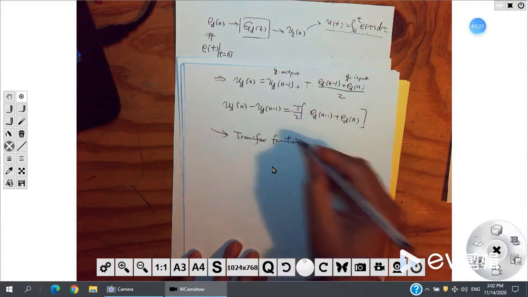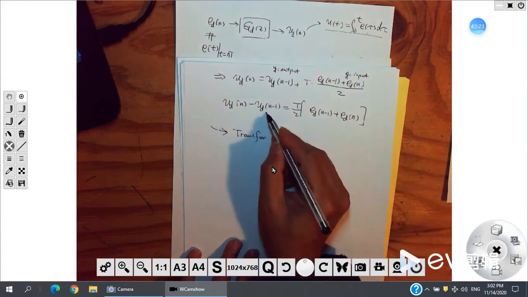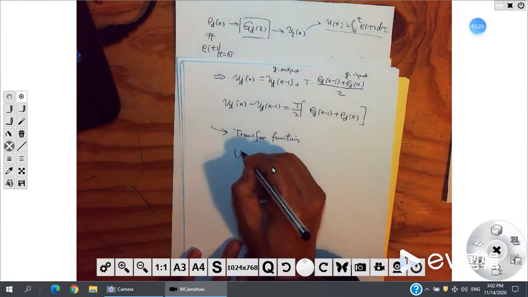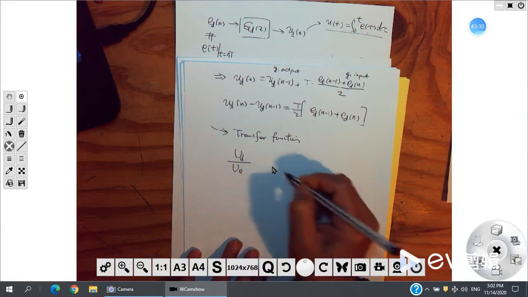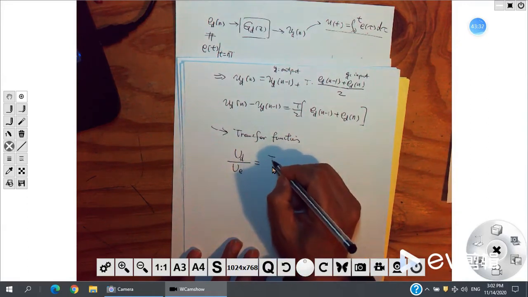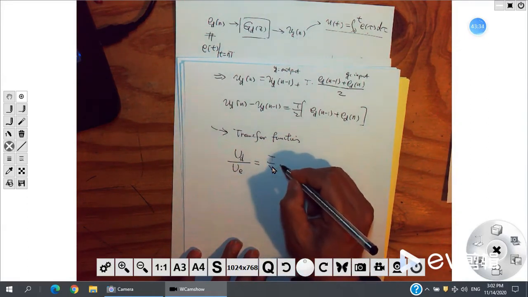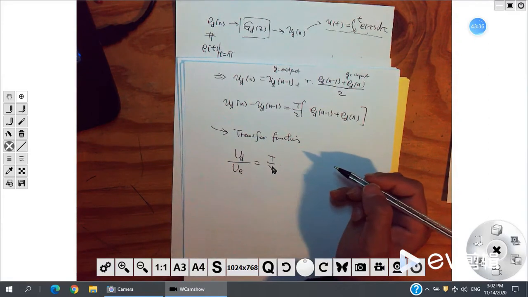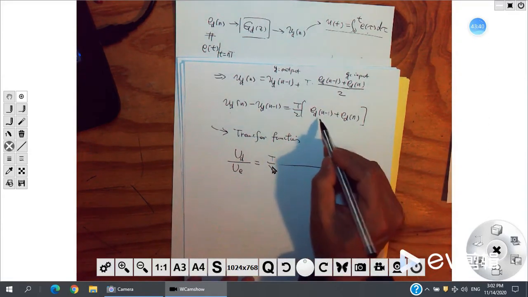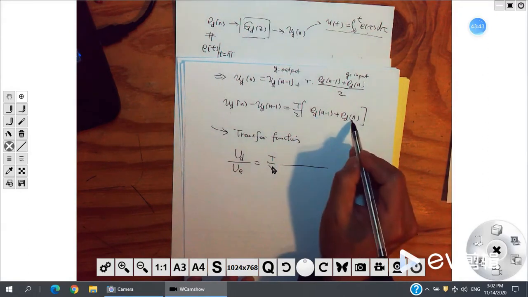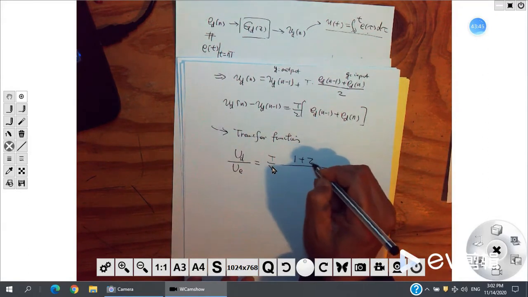Transfer function. This side is u, this side is e, so ud over ue. That will be t over 2 times a fraction. This is a 1 delay, this is no delay, so it's 1 plus z to negative 1.